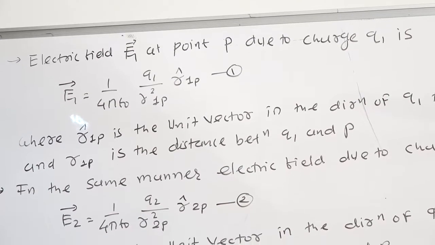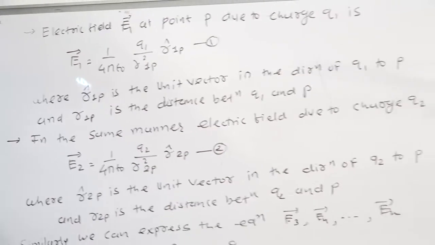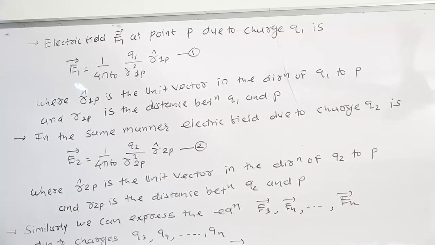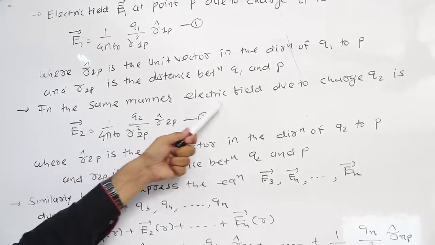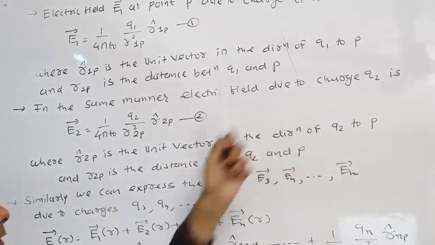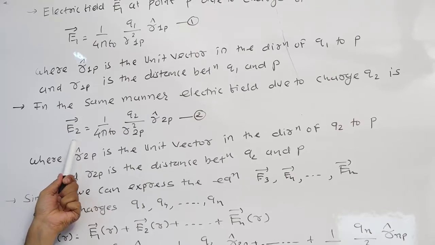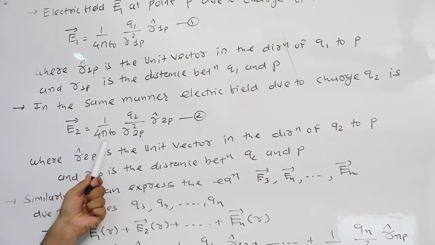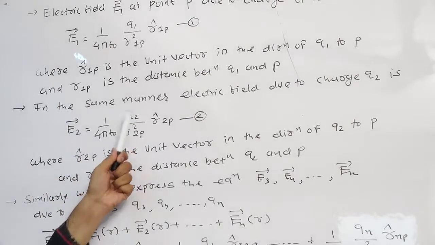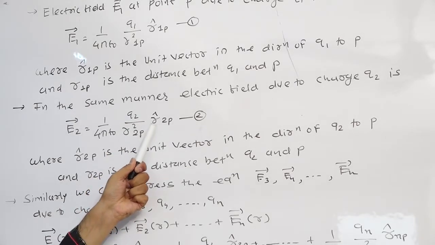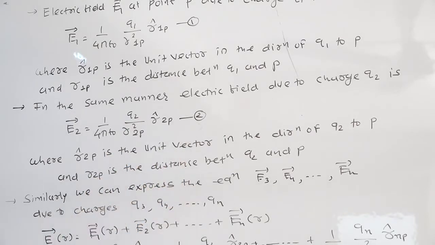Similarly, student, now write the electric field E2 due to charge Q2 at point P. In the same manner, the electric field due to charge Q2 is given by vector E2 is equal to 1 upon 4 pi epsilon 0 Q2 upon R square 2P R cap 2P. It is equation number 2.